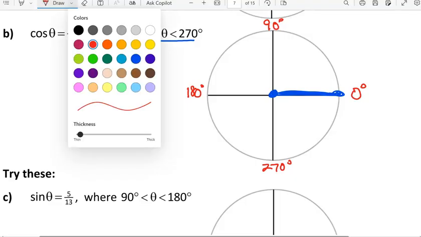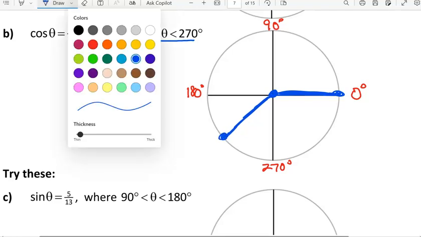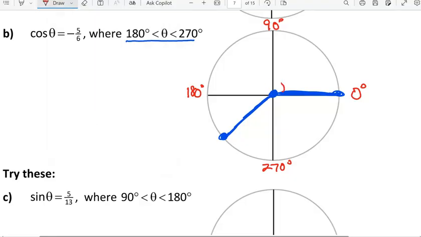That means that our terminal side is going to fall somewhere in the third quadrant between 180 and 270 degrees. This is our angle theta, which is an angle bigger than 180 degrees.